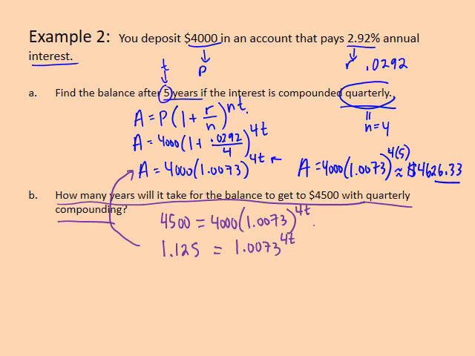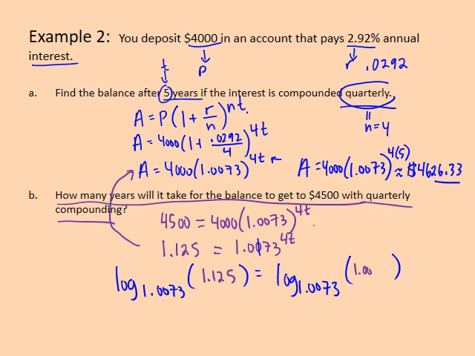Now we have to take the log base 1.0073 of both sides. Just like we solve other log equations, we're going to take the log of both sides, but the base is going to be 1 and 73/10,000ths. Inside, we have the same values that were right here and right here.